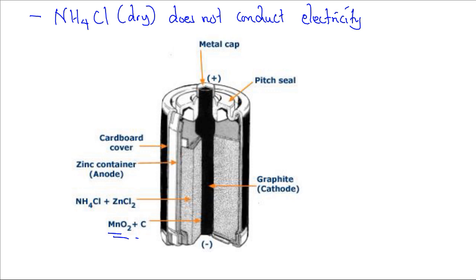This is the diagram of the dry cell, and we want to look now at the equations taking place at the terminals. Let's look at the equation that takes place at the negative terminal. Remember, the negative terminal is where we have the zinc cap.